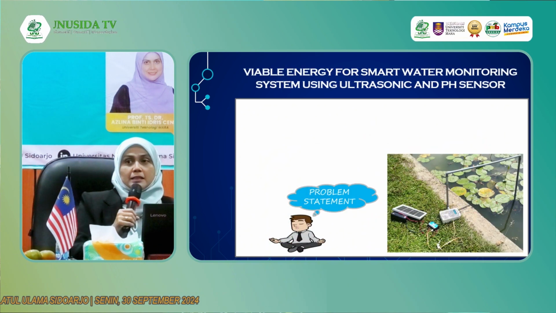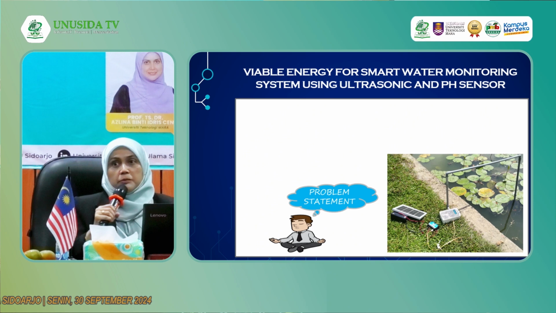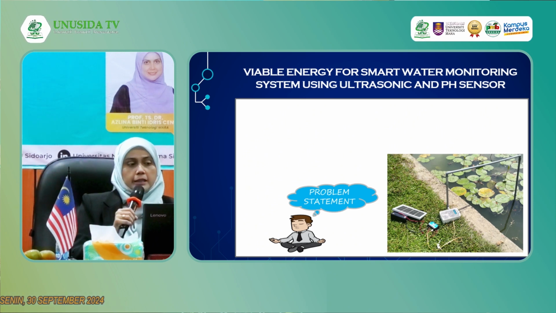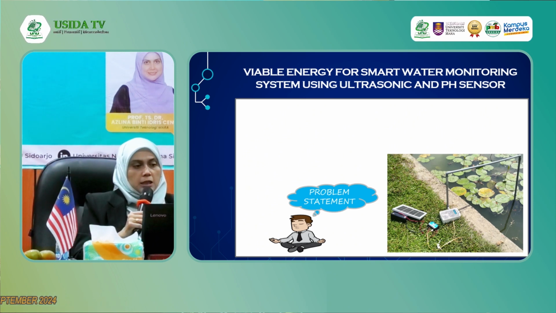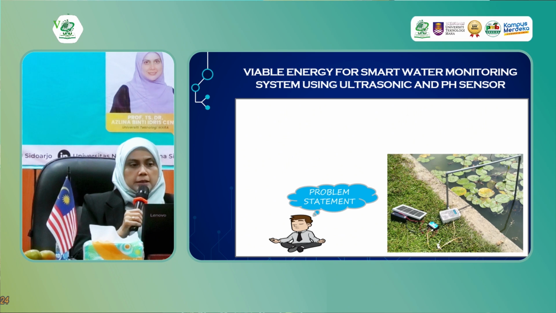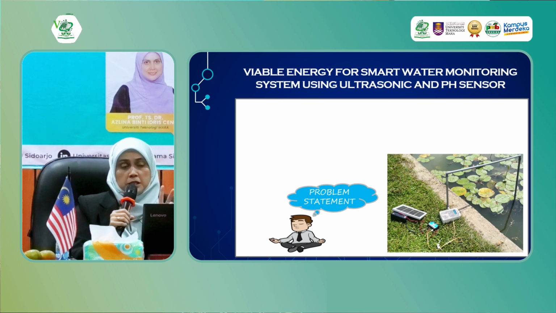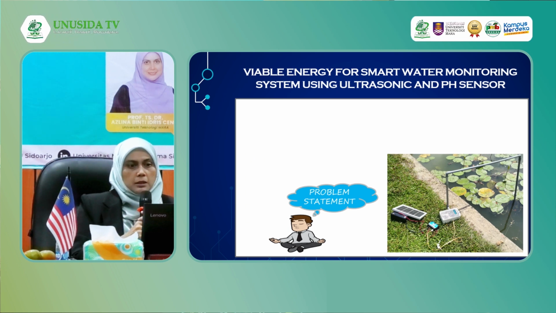Okay, so this is an example of my student FYP project, final year project to do the massive IoT. So the topic is viable energy for smart water monitoring system using ultrasonic and pH sensor. So it consists of two functions to detect the water quality and to detect the water levels.